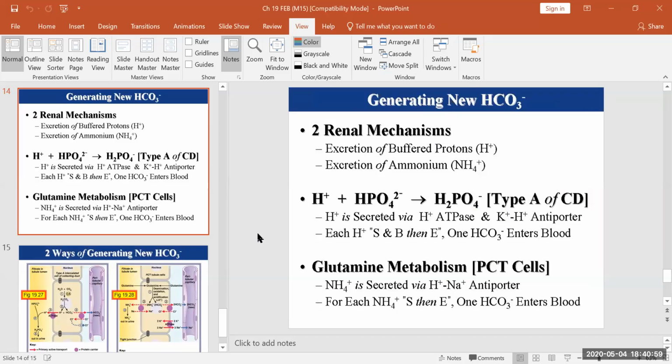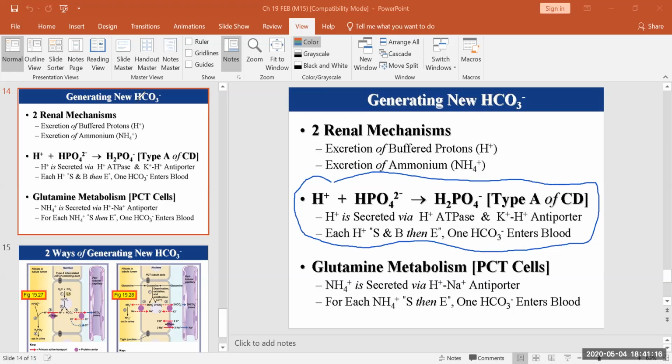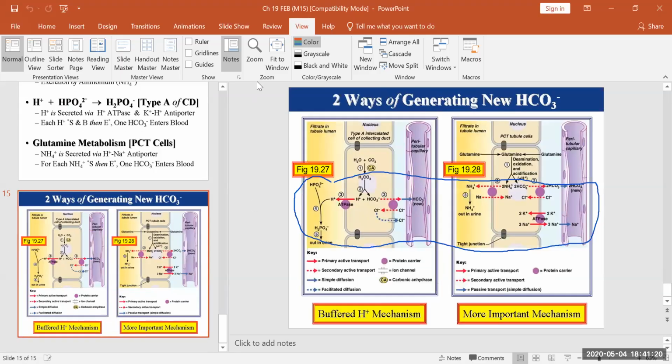There are two mechanisms allowing the kidneys to produce new bicarbonate. The first mechanism is this one, so let's go over that one first, which is this picture here. It corresponds to figure 19.27 in your book.